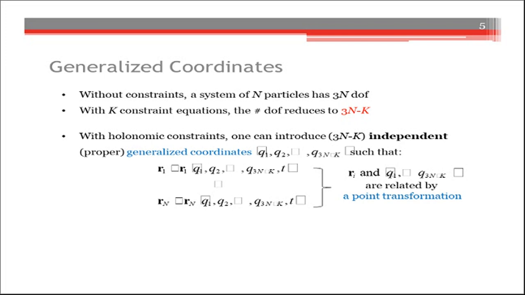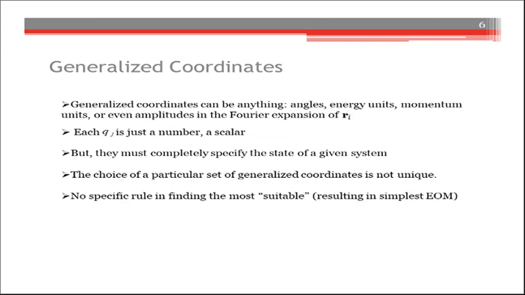We get the point transformation equations in terms of the generalized coordinates. Generalized coordinates can be anything: angles, energies, or amplitudes in a Fourier expansion.